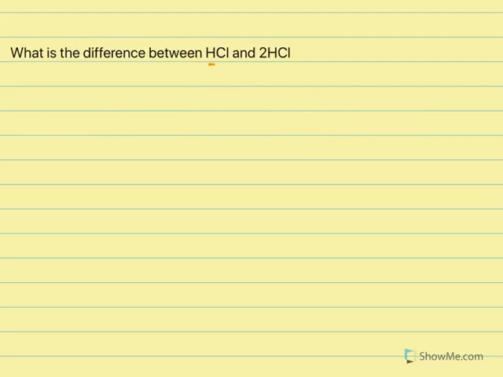The difference between HCl and 2HCl. HCl means 1 molecule of hydrochloric acid or hydrogen chloride. I think we need to write hydrogen chloride.